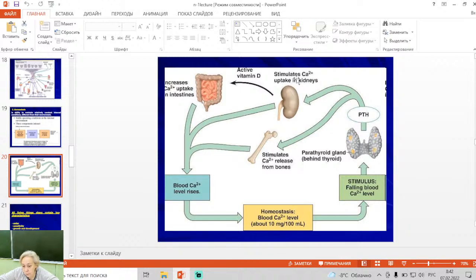And you can see stimulated calcium uptake in the kidney and stimulated calcium release from bones. It also increases calcium uptake in the intestine, and as a result, the blood calcium level rises. And you can see homeostasis, normal blood calcium level.